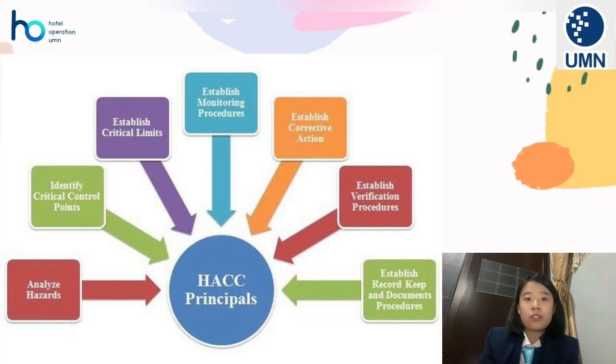Sixth is to establish a verification process to confirm that the HACCP system is working efficiently. Verification procedures carried out may include a review of the HACCP system and its records, review of deviations and product dispositions, confirmation that CCPs are under control, and conducting audits of methods, procedures, and tests.